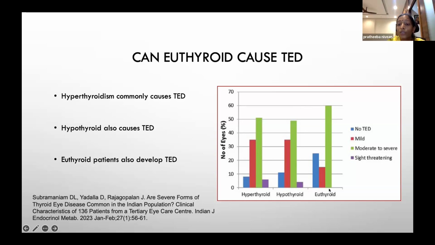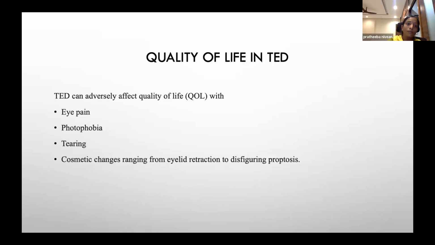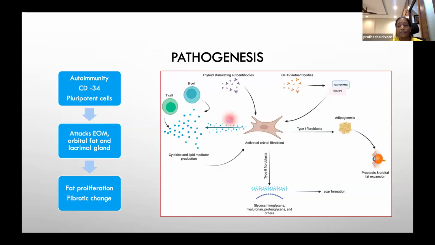And this slide shows that even euthyroid TED patients can develop moderate to severe eye disease. So we have to follow up thyroid eye disease patients with antibody titers to see whether they develop systemic thyroid levels in future. Thyroid eye disease can affect the quality of life, and it has been proven in literature.